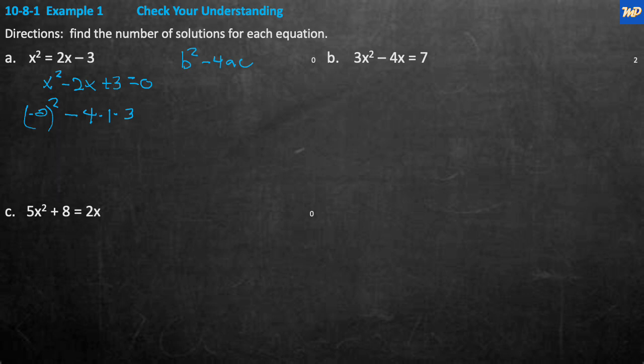And this will be 4 minus 12, and 4 minus 12 is negative 8. And negative 8 is definitely less than 0, which means there are no solutions.